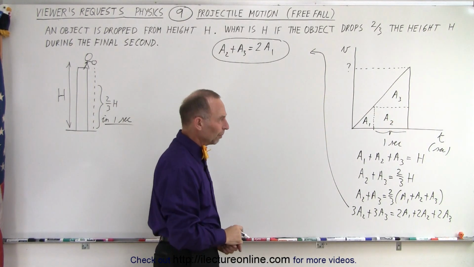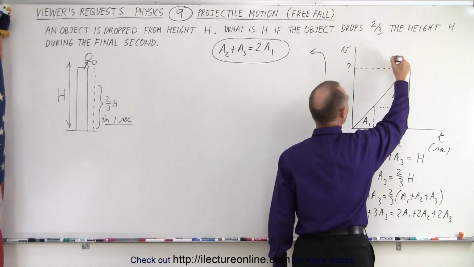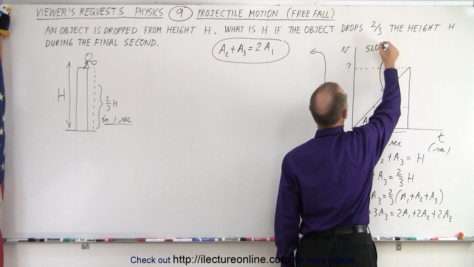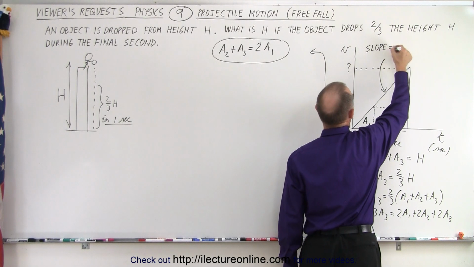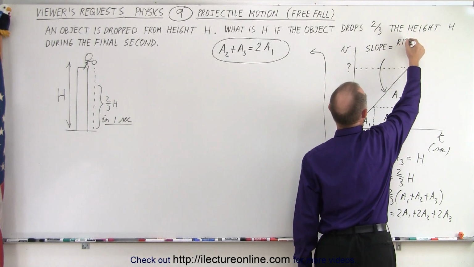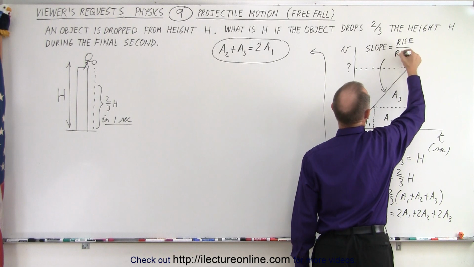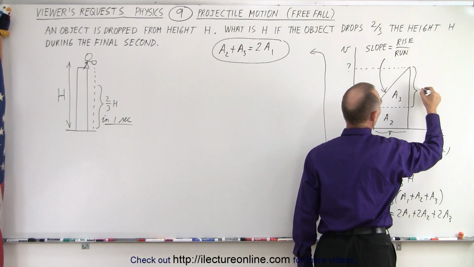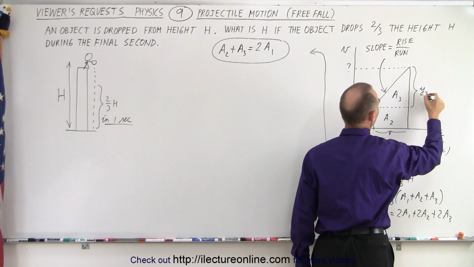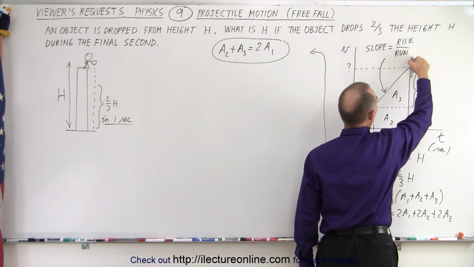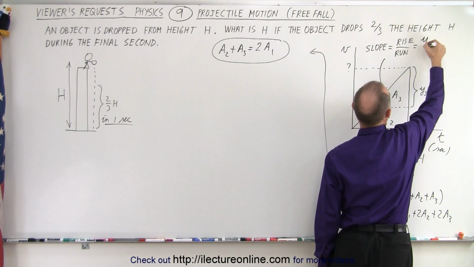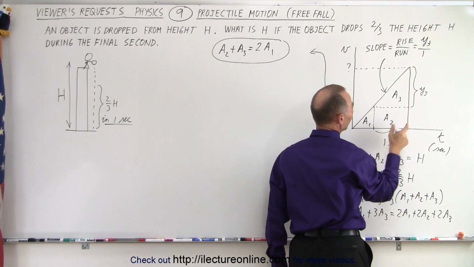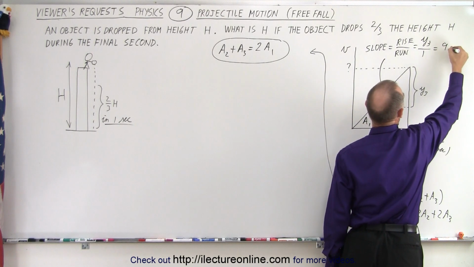Now we need some relationships. I know that the slope is equal to g, which is equal to the rise over the run. And let's label the height, that's the rise, let's label that y3. So we know that the rise over the run is going to be equal to y3 over 1, because the run is 1 second, and that's equal to the slope of 9.8.